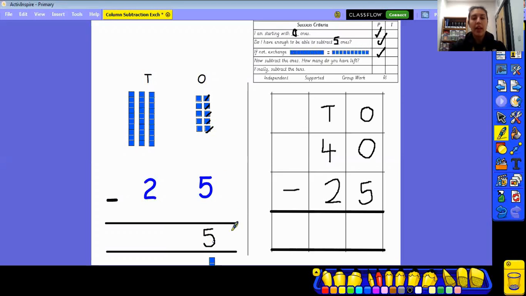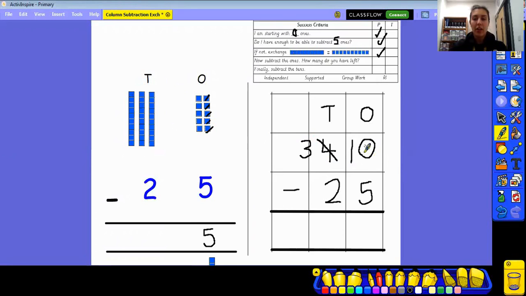Well done. Now what that looks like over here is that I started with my 4 10s, but actually I exchanged one of them into 10 1s. And I don't have 4 10s anymore because one of my 10s moved into the 1s column. That actually leaves me with 3 10s. So I'm going to write that 3 10s there.